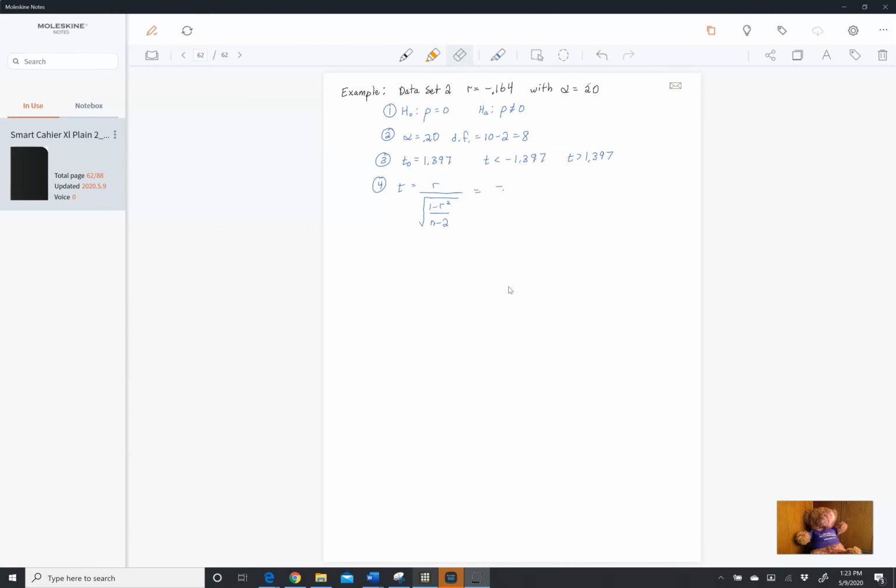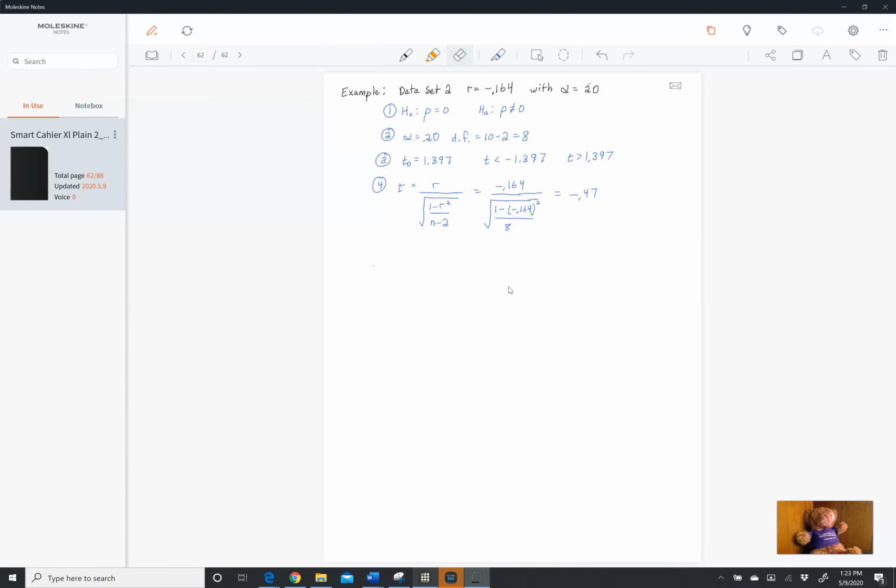So our r was negative 0.164 over the square root of 1 minus negative 0.164 squared over n minus 2, which was 8, our degrees of freedom. Practice putting this into your calculator, but you get negative 0.47.